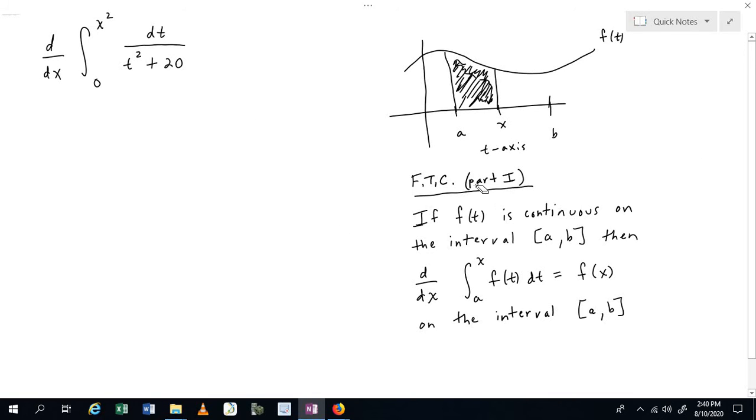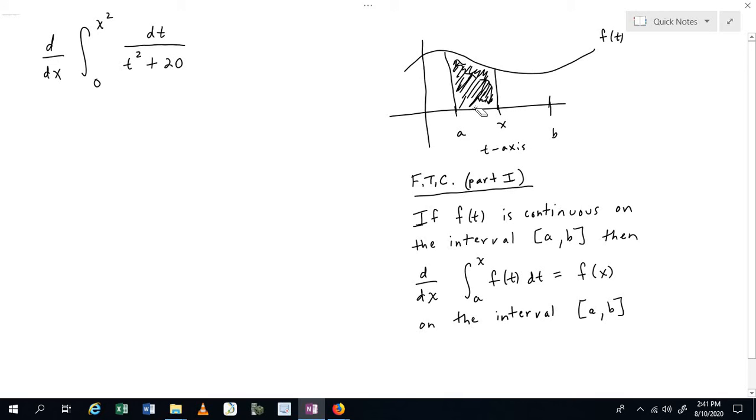Let's talk about this. Suppose you have a function, and I'm going to call this the t-axis here. Suppose you have a function that's continuous from a to b. Now suppose you start at a and stop at some point x in between a and b, and you want to find the net area trapped between f and the t-axis.